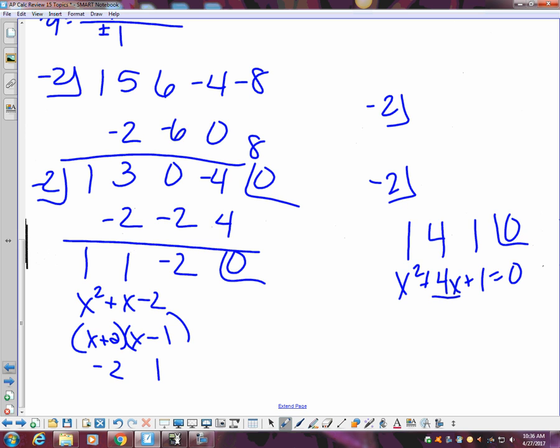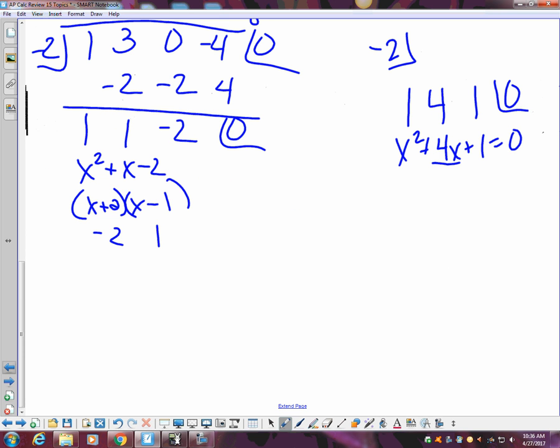All right, let's review completing the square. Here we go. So I'm going to have x squared plus 4x. Remember, did I call him Grandpa? Did I do that with y'all? Okay, so 1 is Grandpa. What do you do with Grandpa? Yeah, you move him to the other side of the equation. So he changes signs, right? Because he crossed equals.